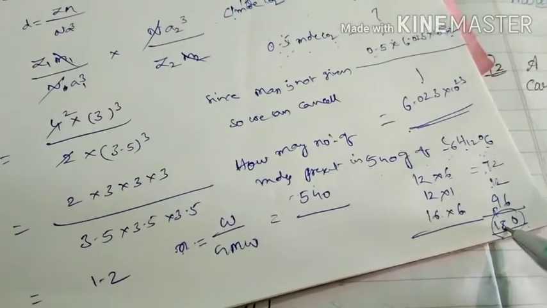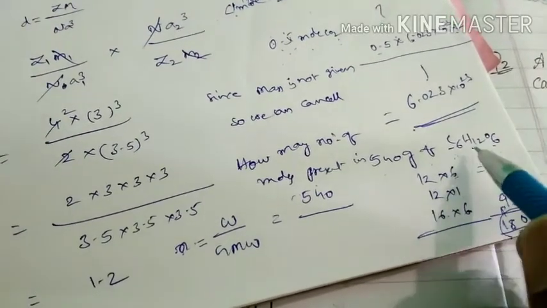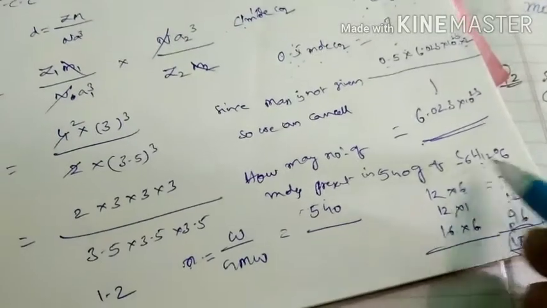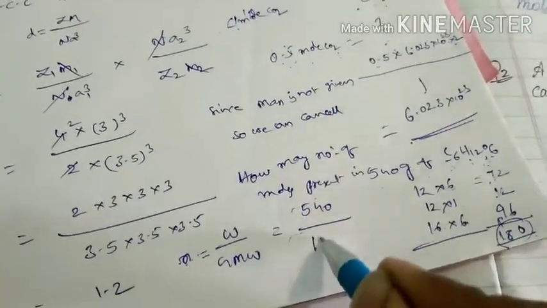This is the gram molecular weight of C6H12O6, that is glucose. So the gram molecular weight of glucose is 180.